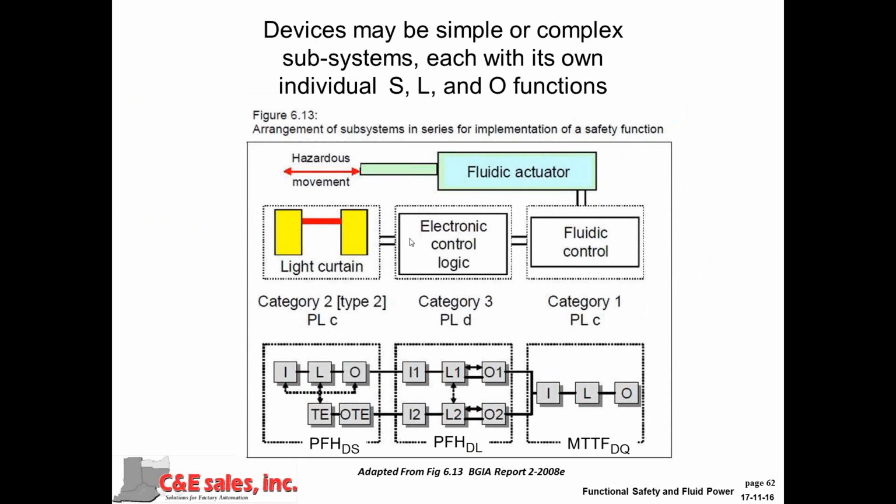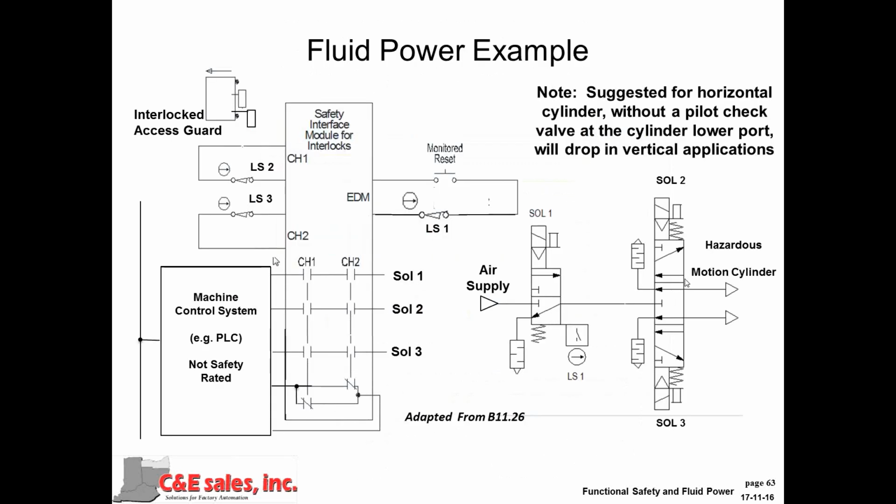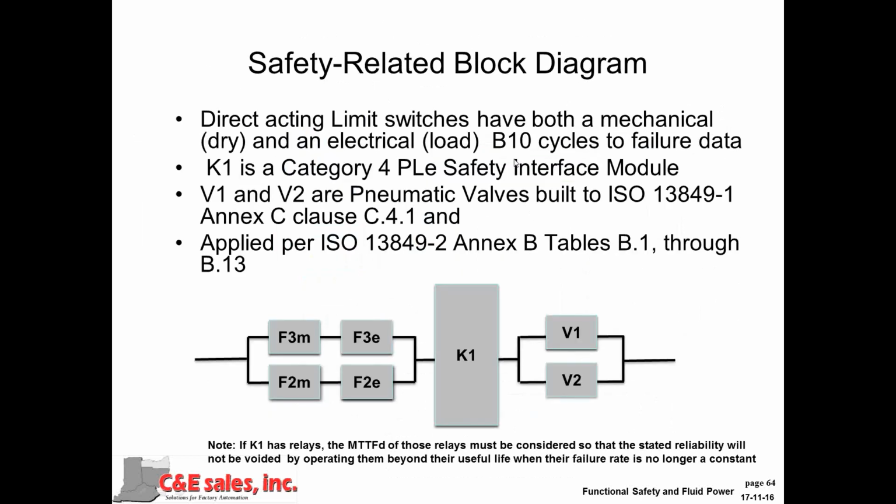Okay, let's move on. This is a diagram of what the safety system might look like. You see here I've got 2 encapsulated units so that I can evaluate the performance of the whole system. Here is a fluid power example that we might take a look at, and I have drawn here what the safety-related block diagram should look like.